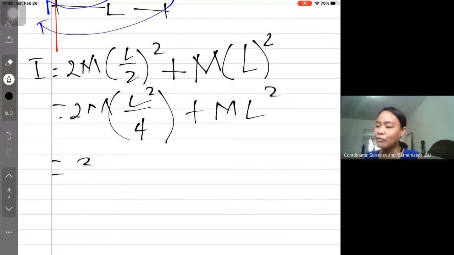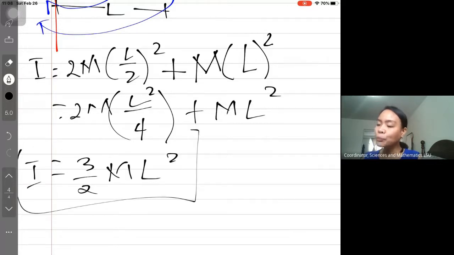So we have 3/2 mL squared. Hope you don't get confused with that. It's just adding fractions.